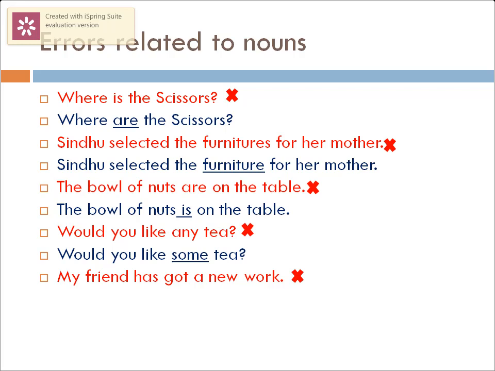Any can be used in a negative sense. I don't like any tea. My friend has got a new job. In this case, work is an uncountable noun, whereas job is a countable noun. So when you say I have got a new job, it always has to be the countable job and not work.